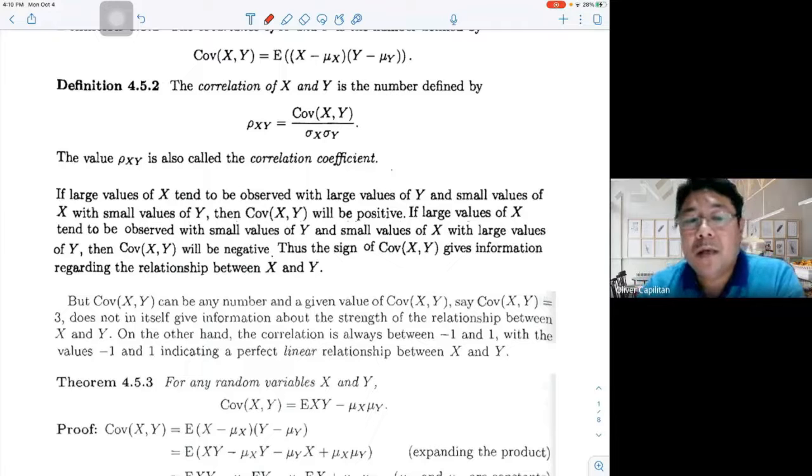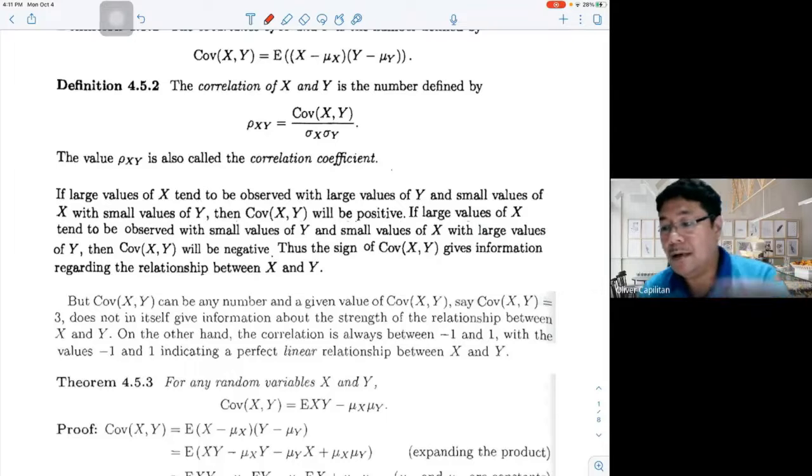It gives us information regarding the relationship between x and y. If we have a positive result for the covariance, then we have a positive relationship between x and y. Later on we'll see that they are positively correlated. If we have a negative value for the covariance of x and y, that means there's a negative relationship, which further implies that x and y are negatively correlated.